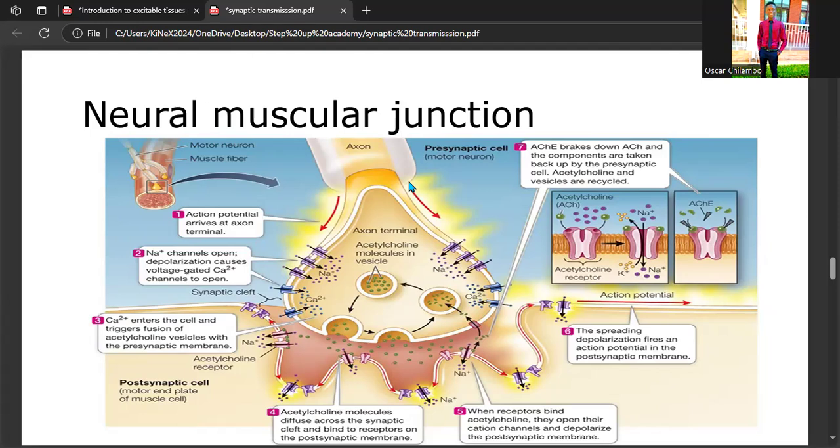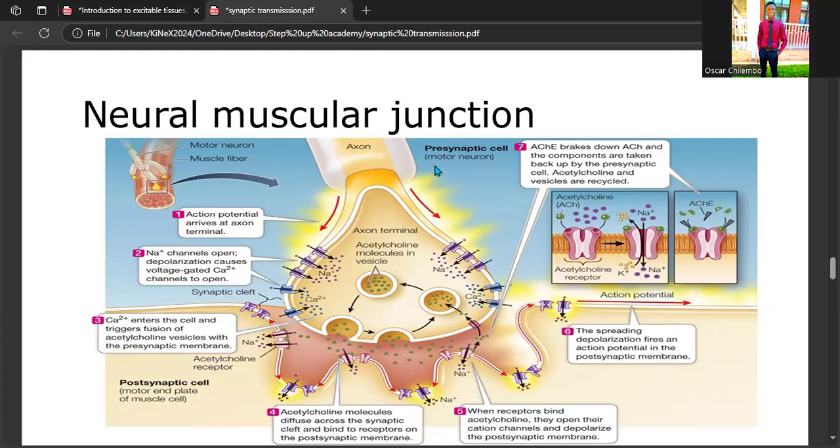It's the same thing that I explained there, but what differentiates them is the effect that is produced. In the previous one, it was all about transmitting an electrical impulse from one neuron to another. But in this one, it's more about producing an effect for you to lift something, like skeletal muscle contraction.